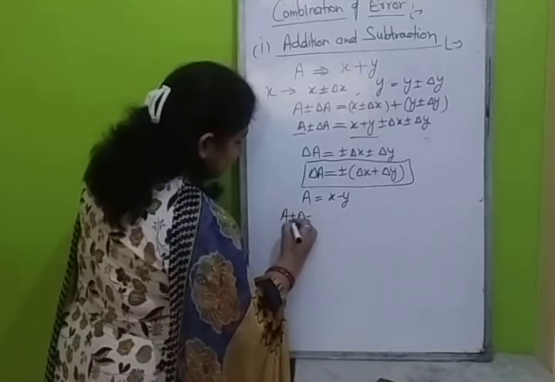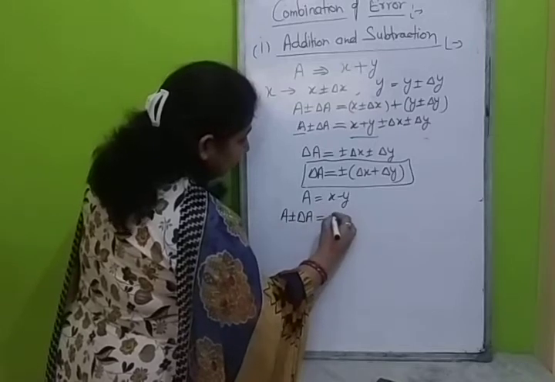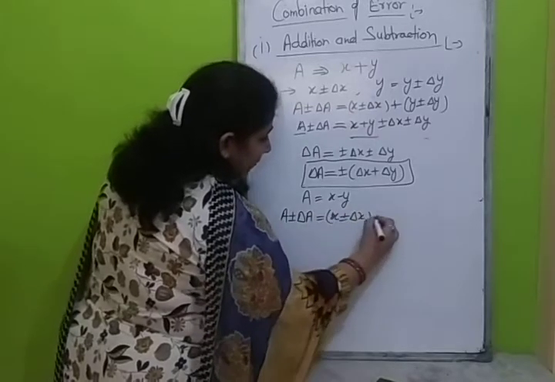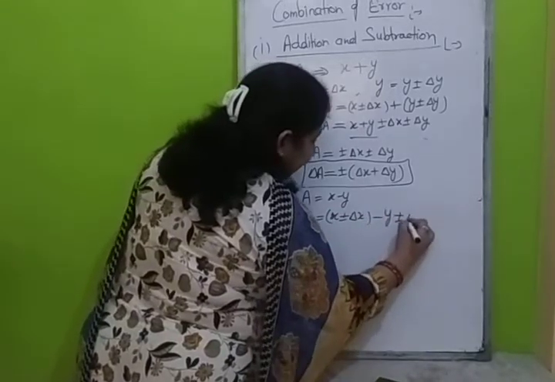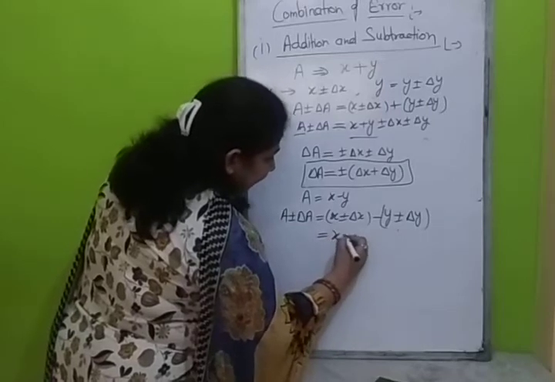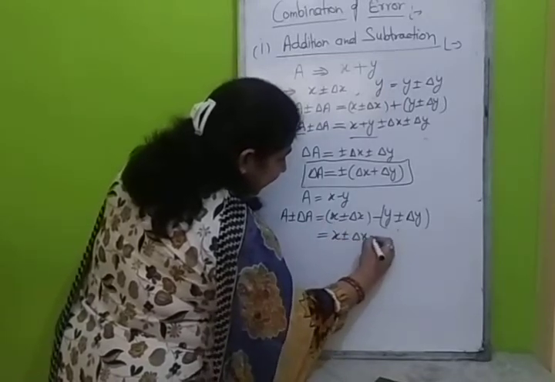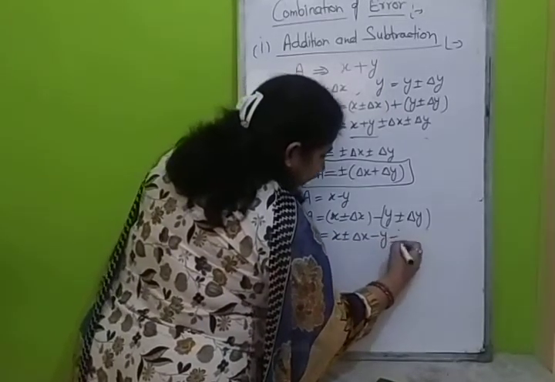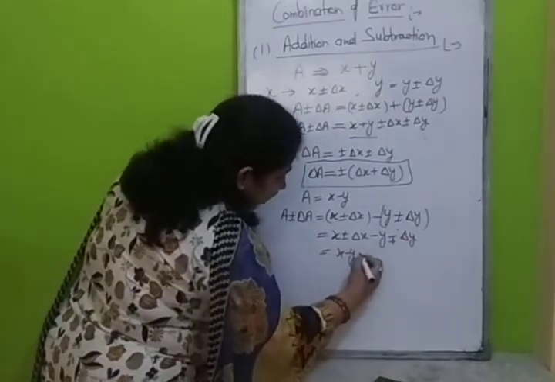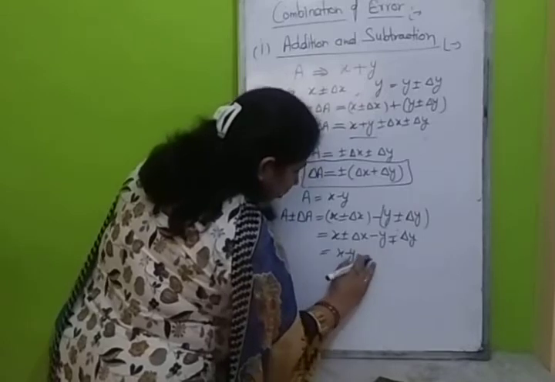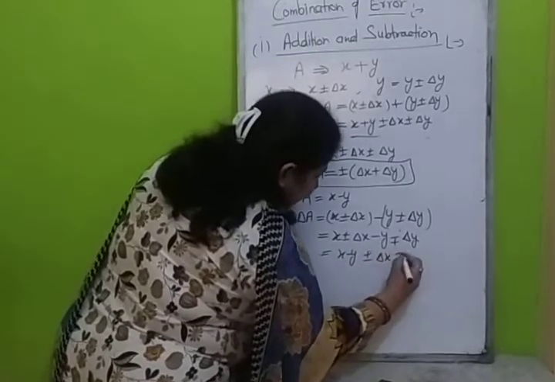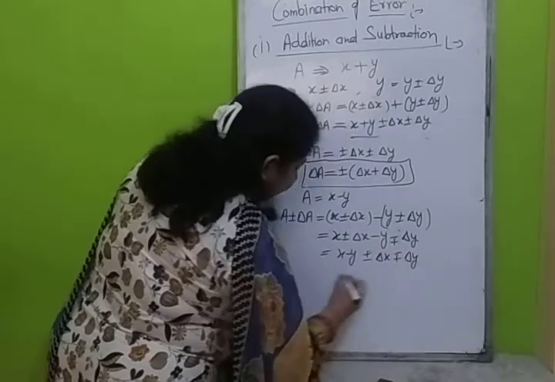A plus minus delta A is equal to x plus minus delta x minus y plus minus delta y. Solve it: x plus minus delta x minus y minus plus delta y. Then x minus y is equal to plus minus delta x minus plus delta y.